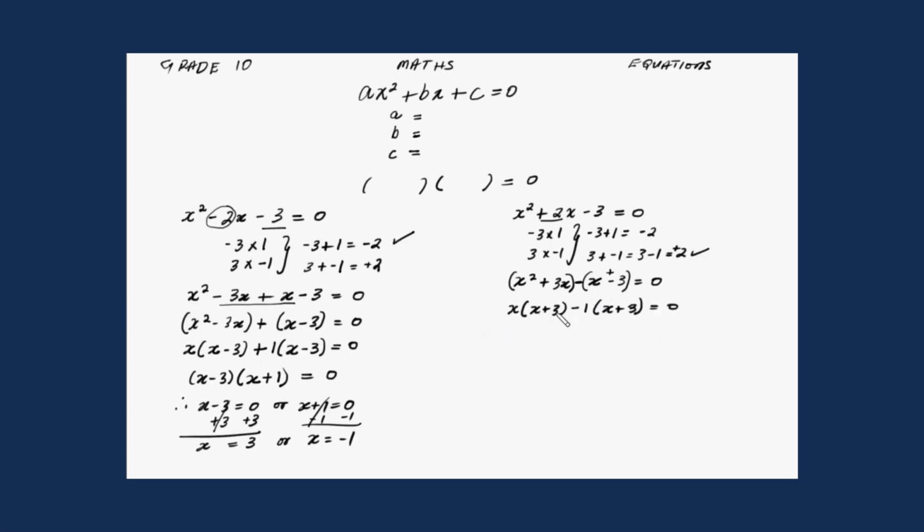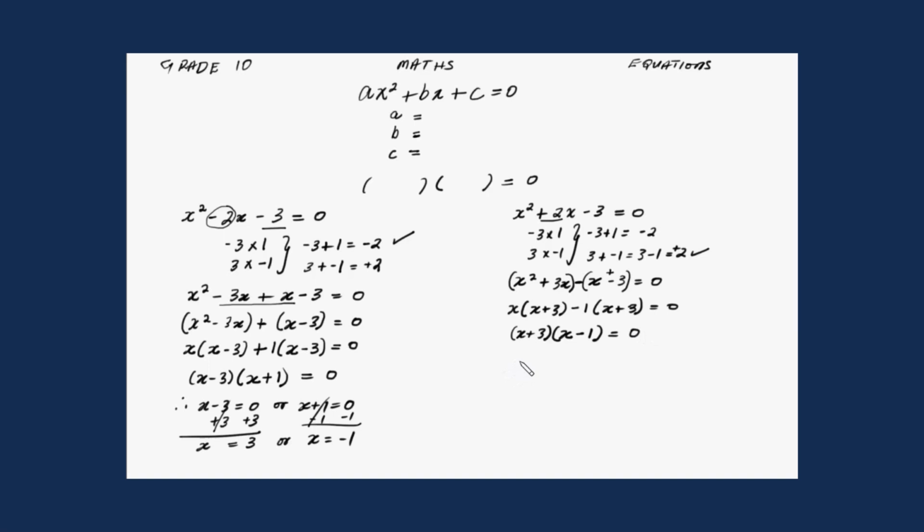So when you look at this term and this one, the common factor is the bracket x plus 3. We factor the bracket out, x plus 3, then bracket. Here, when we take out x plus 3, we are left with x. Here, when we take out x plus 3, we are left with minus 1. That will be equal to 0.